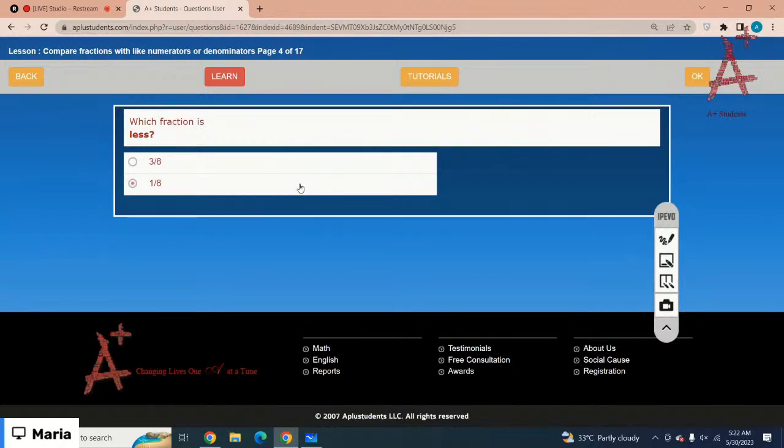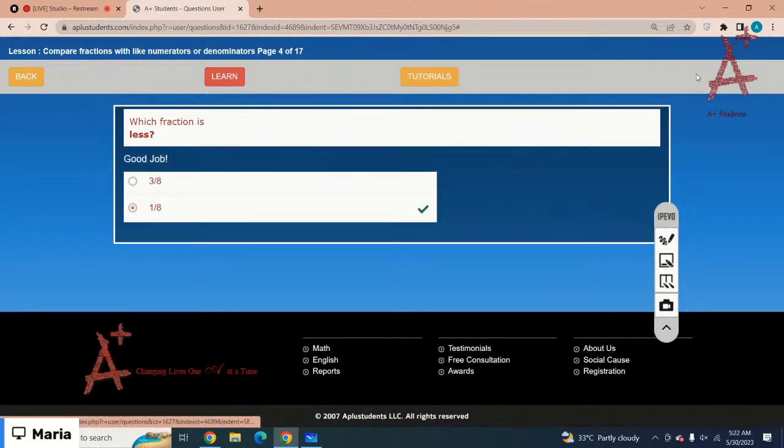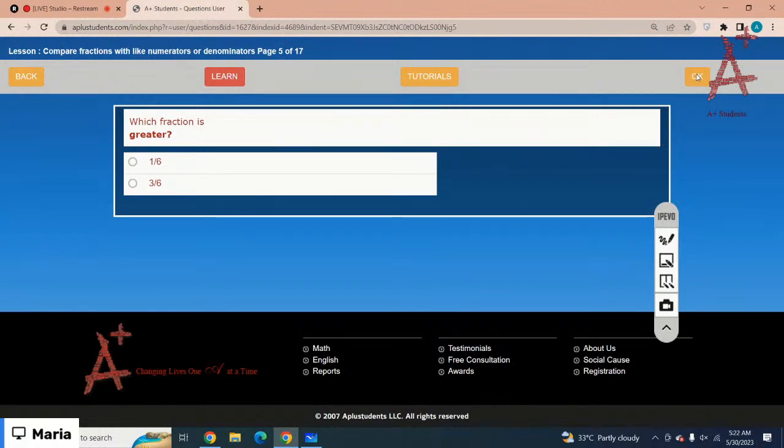Got it? Okay, which fraction is greater? 1 by 6, 3 by 6.